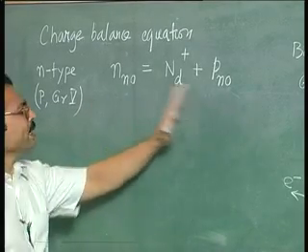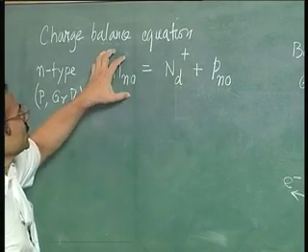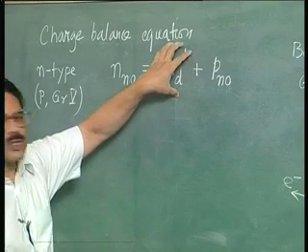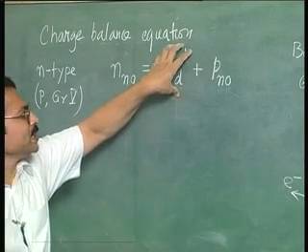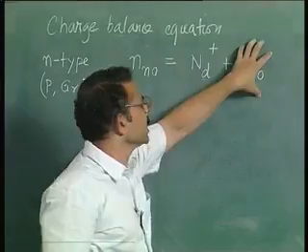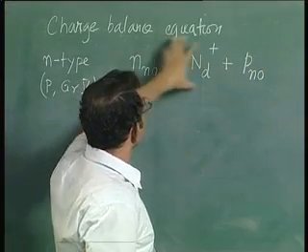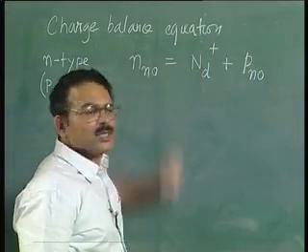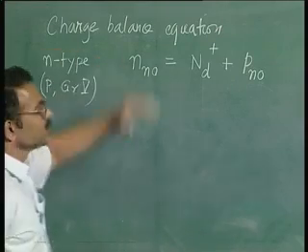You can see when you write it in this form, electrons are negative charges, ionized phosphorus impurities or donor impurities are positive charges, and holes are also positive charges. So it is like negative charges equal to positive charges, statement of charge neutrality. That is why it is called charge balance.